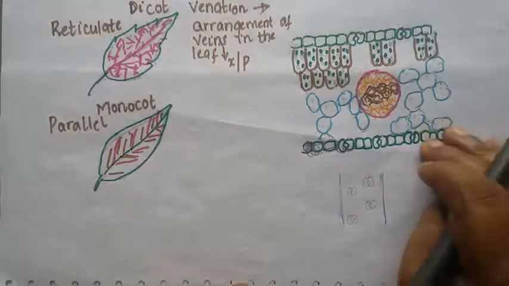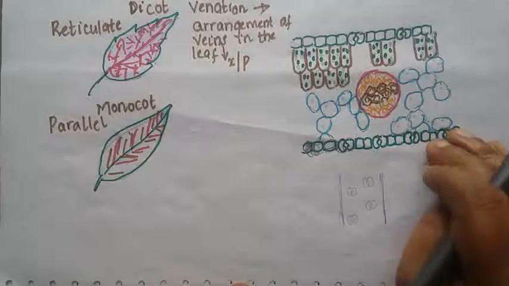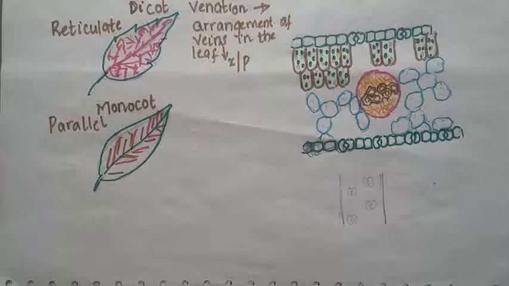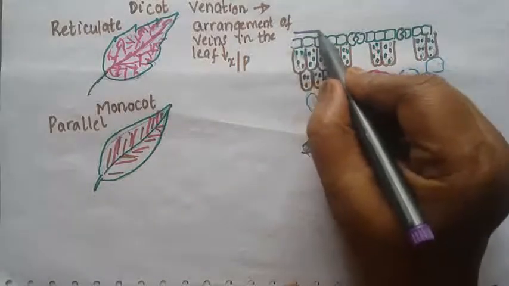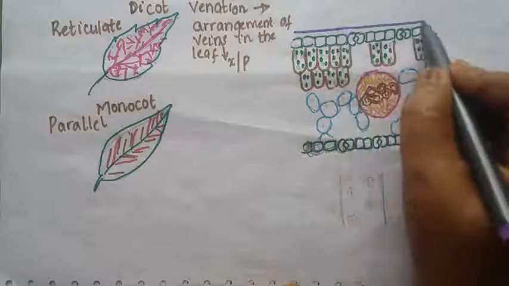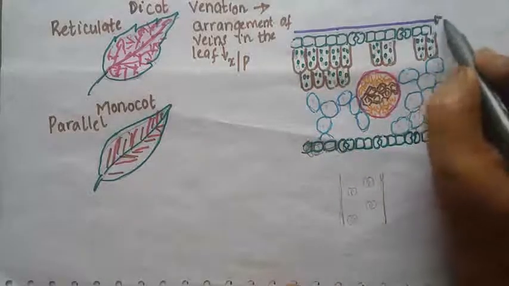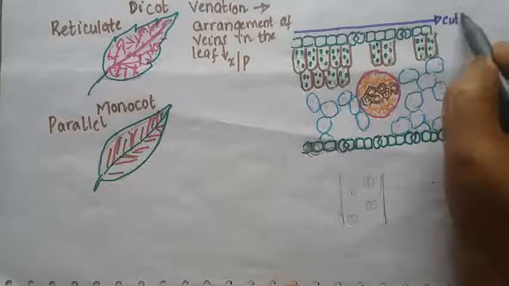So let us start with the section of the dicot leaf. If you look at the section of the dicot leaf, you can find that this is the layer known as the cuticle.